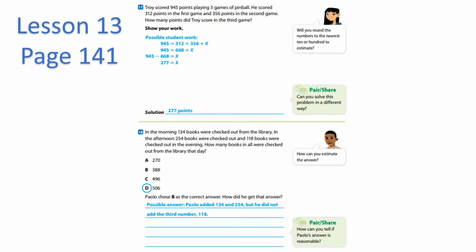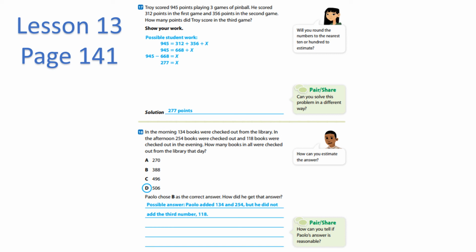Okay, and then our last problem, number 18. In the morning, 134 books were checked out from the library. In the afternoon, 254 books were checked out, and 118 books were checked out in the evening. How many books in all were checked out from the library that day?